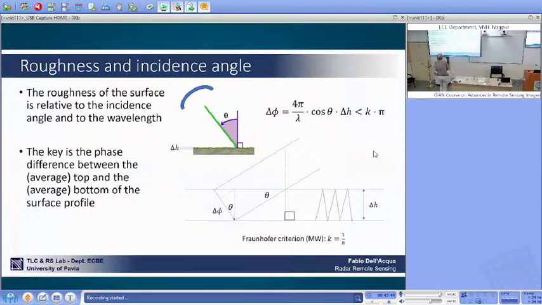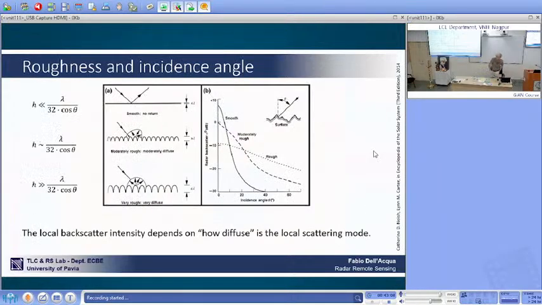So when I have a situation like this, where delta H becomes comparable with the wavelength, then the radiation, which used to bounce off in one direction, starts being distributed almost everywhere. What happens is basically summarized here.